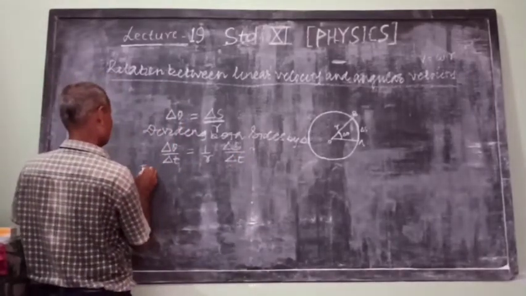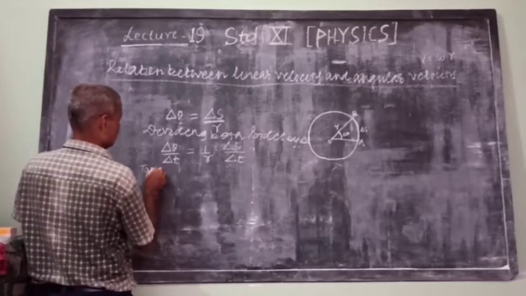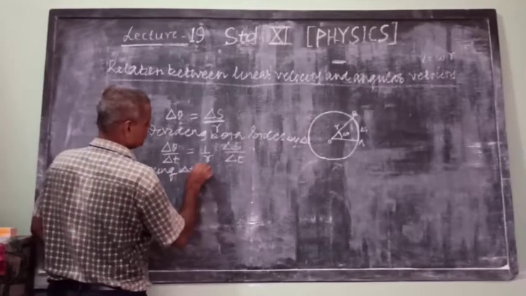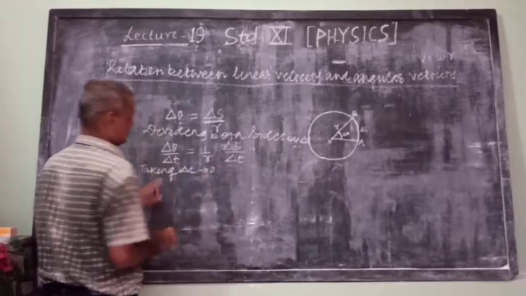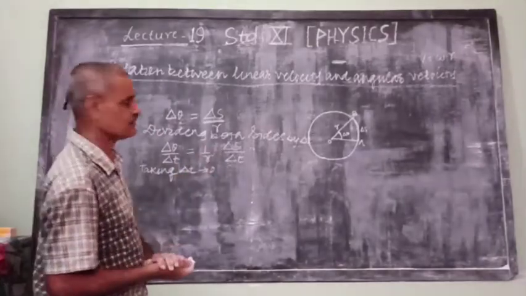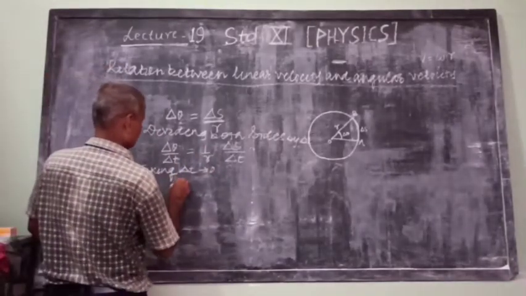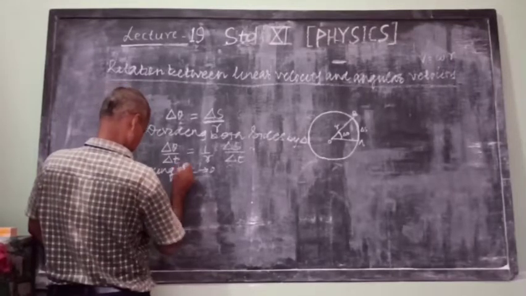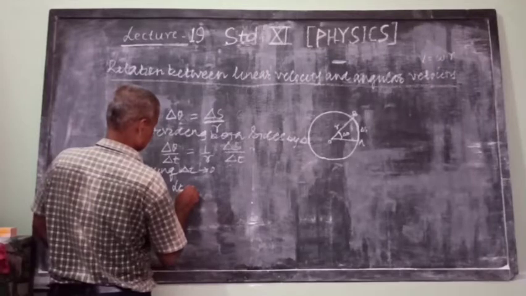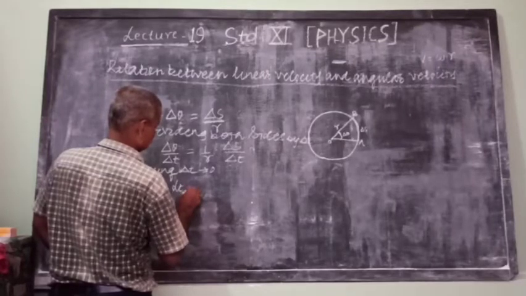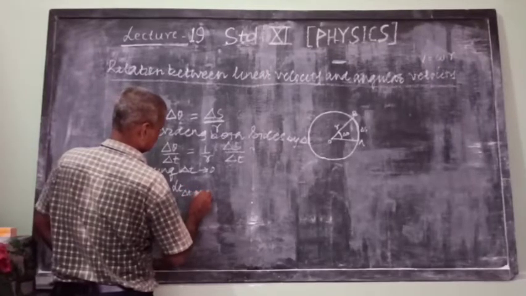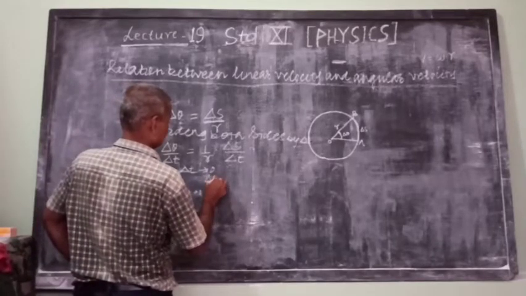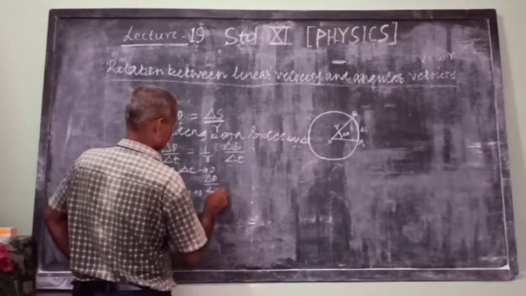Next, there is a condition: taking delta t tends to 0. Taking delta t tends to 0, then this will be limit delta t tends to 0 of delta theta by delta t.